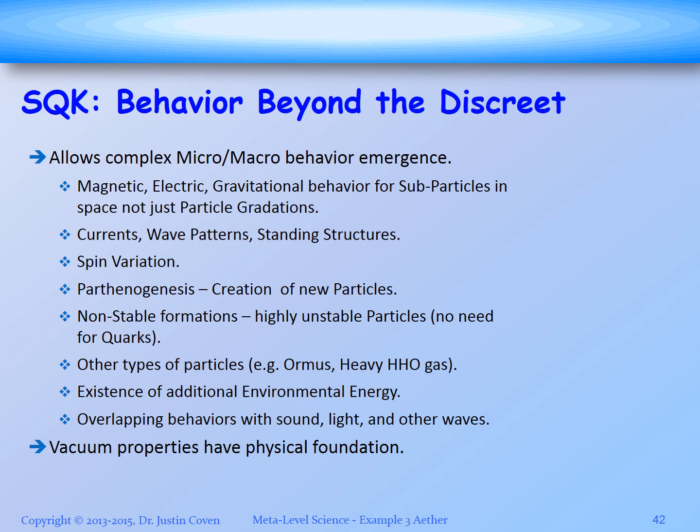There can be non-stable formations, such as the particles that are created within highly accelerated environments of some of the more expensive science experiments occurring today. There's no need for quarks with this type of model. There can be other types of particles or molecules within HHO experiments and Ormus experiments.